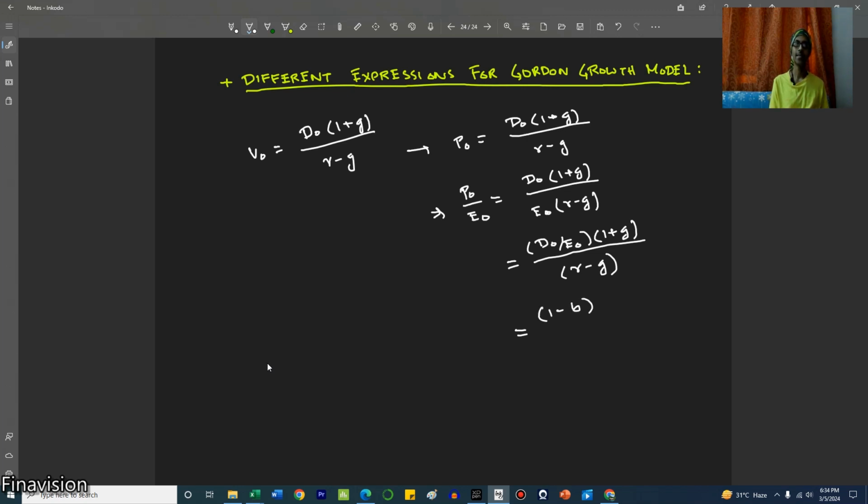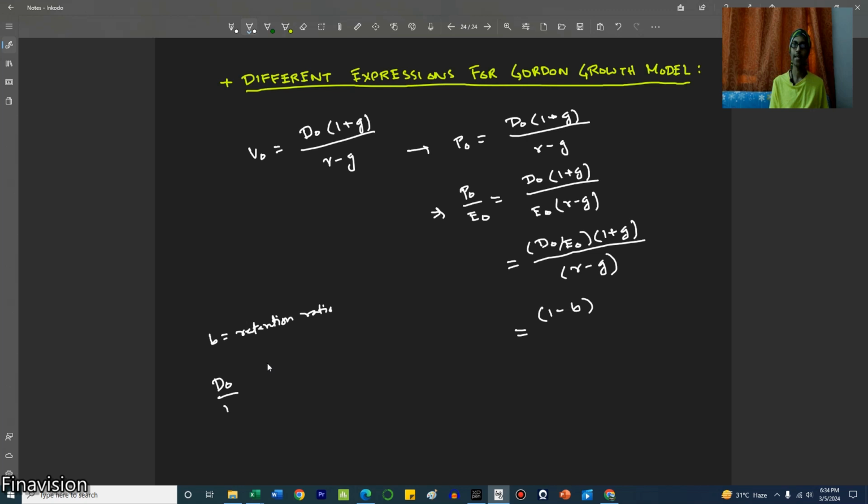Here B is the retention ratio. How did we arrive at 1 minus B from D0 by E0?